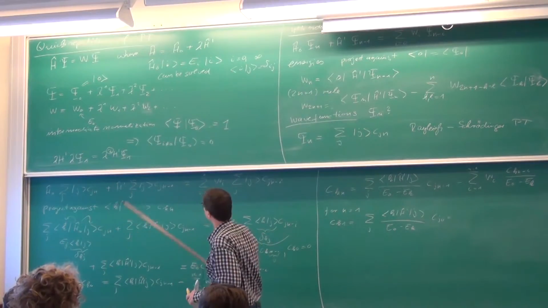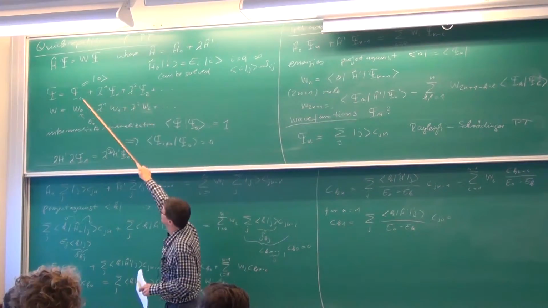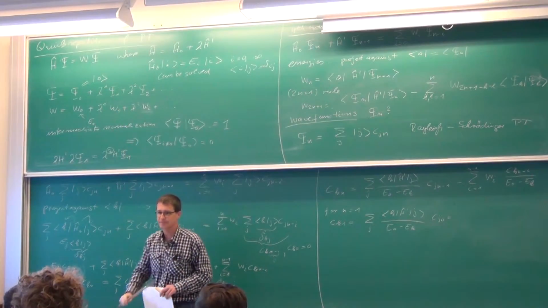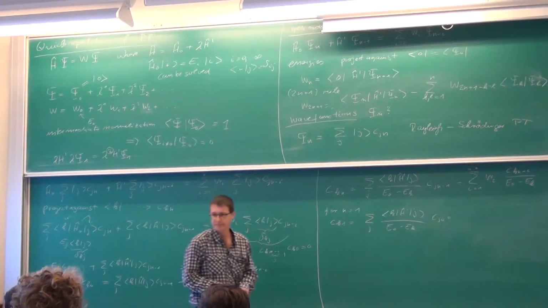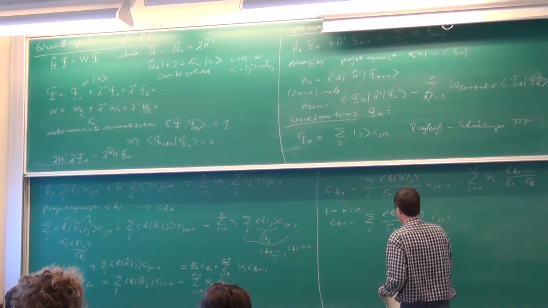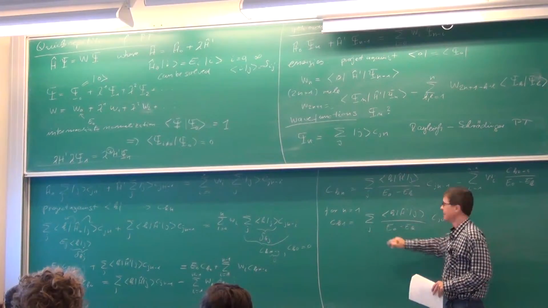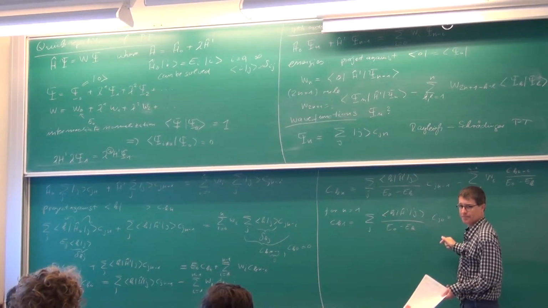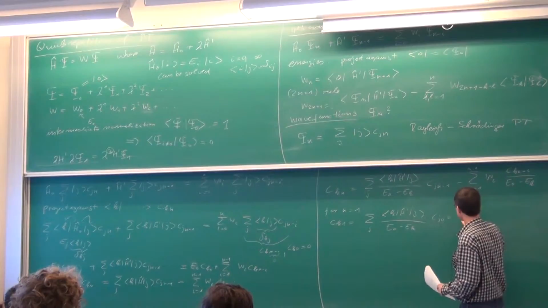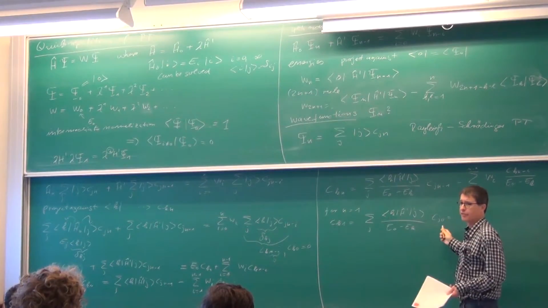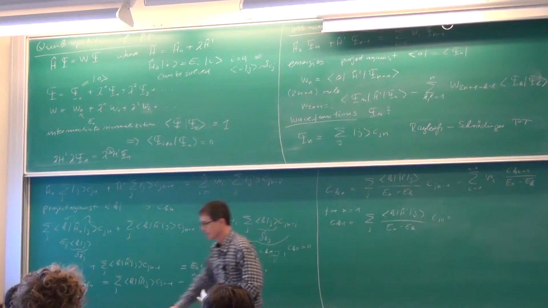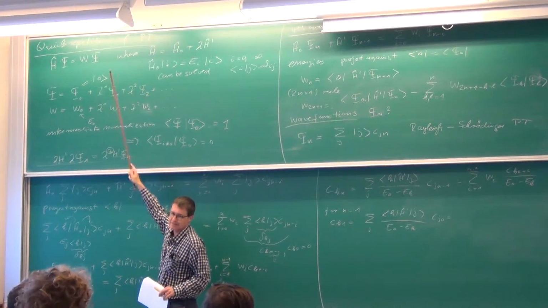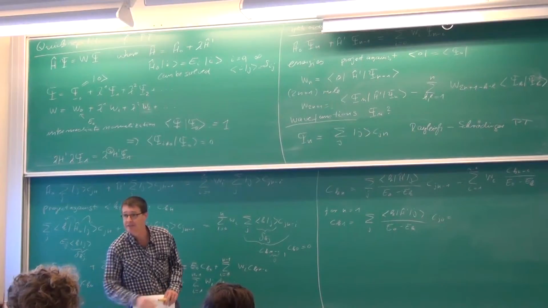But the 0th order wave function consists only of 0. So from this sum over j, the only term which survives is the one where j is equal to 0. And that coefficient, being that the only one in that state, in that wave function, is 1.